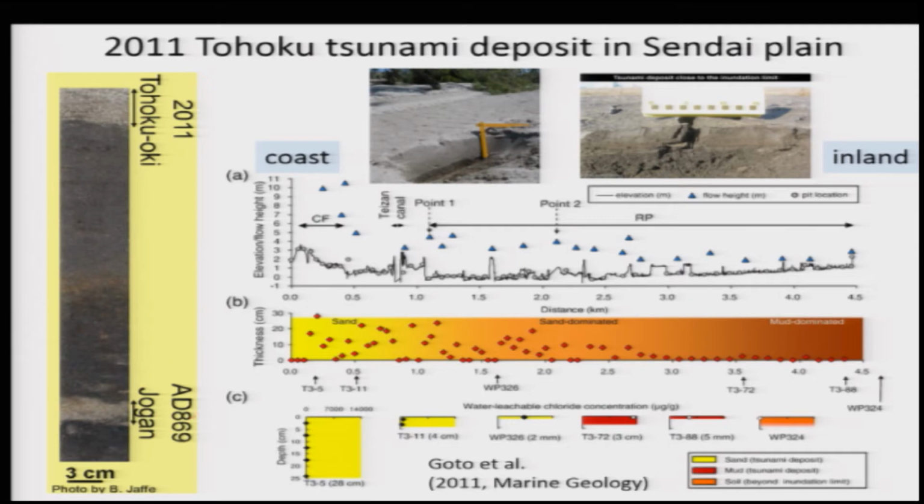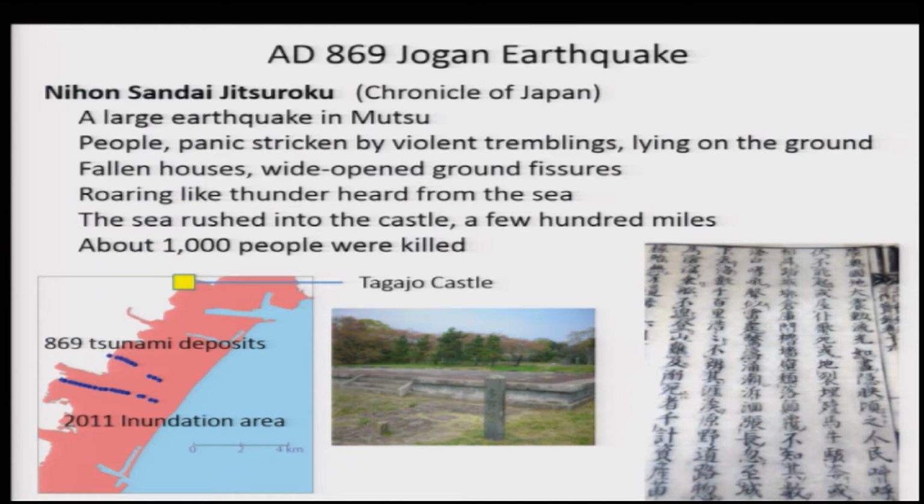In the section, what they found was that 869 was one of the major tsunami events in Japan, named the Jogan Tsunami, in comparison with what you see in 2011 Tohoku. So Tohoku was also considered a comparable event to the 869 Jogan Tsunami. Now, Japan has very good historical records, whereas in India we fail to have such records available.